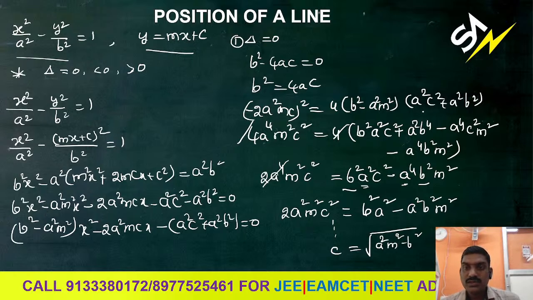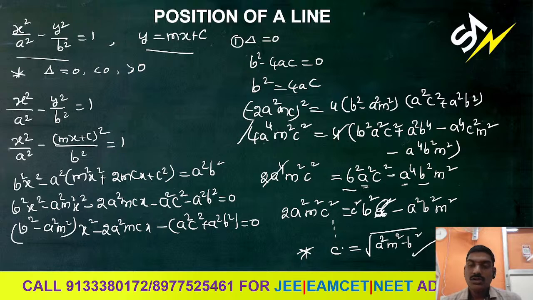b square times a square c square. Here a square is already cancelled. This is c square, I think. Yes, here we have c square. This a square is already cancelled. Okay, this is the value of c.